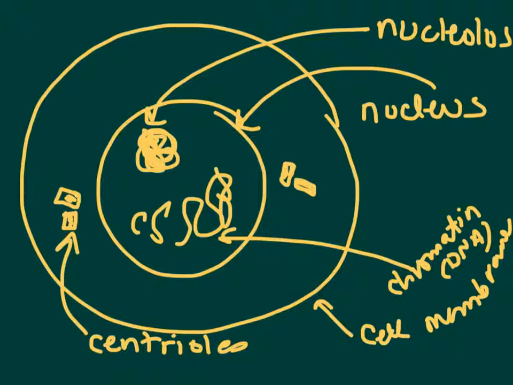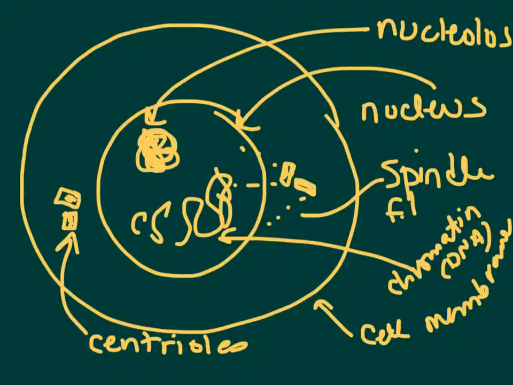And you have a cell membrane. The only other thing that's going to become important are small fibers that are going to form from the centrioles that we call spindle fibers. They're going to form from the centrioles, but there won't be a nucleus at the time. So just know that spindle fibers form from the centrioles.